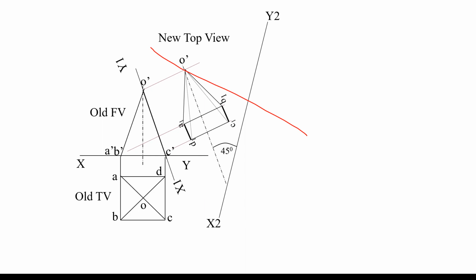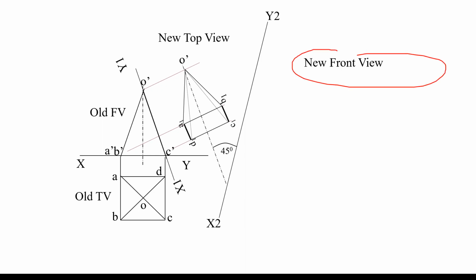Since this is just for demonstration, don't consider that term here. So in this case your base is nearer to the xy line. Then for drawing the new front view, all the projections are to be at 90°, and you can draw this as the front view.